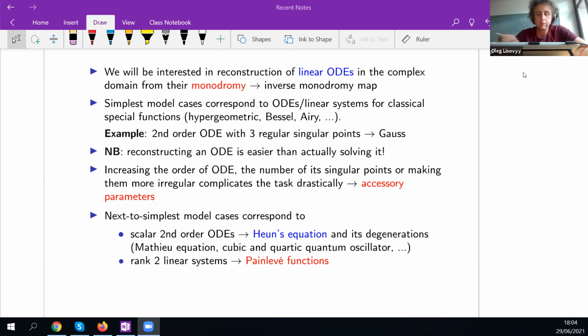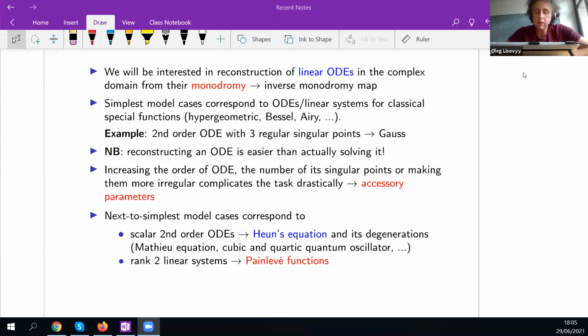For example, for the hypergeometric equation, all that we need to know to reconstruct it is the Riemann scheme, the local monodromy exponents. In principle, we don't need to know anything about the actual solution of this equation.